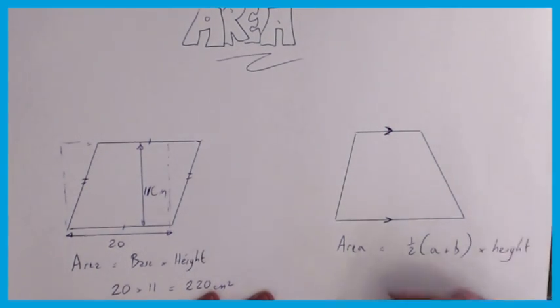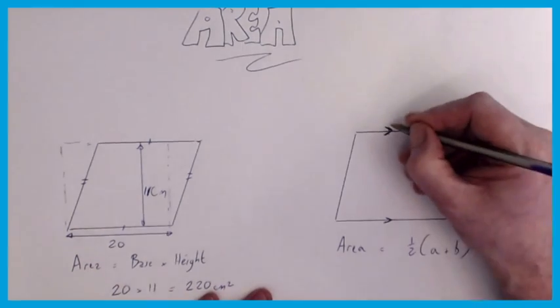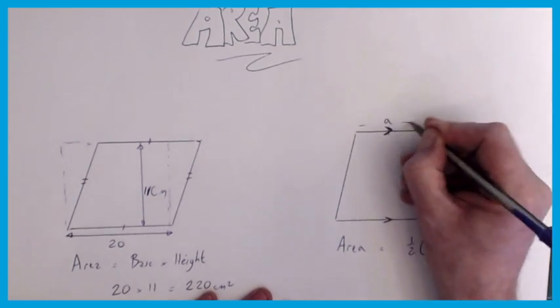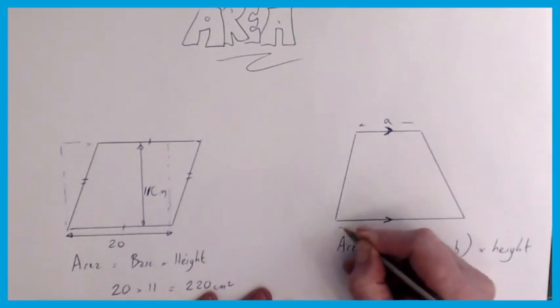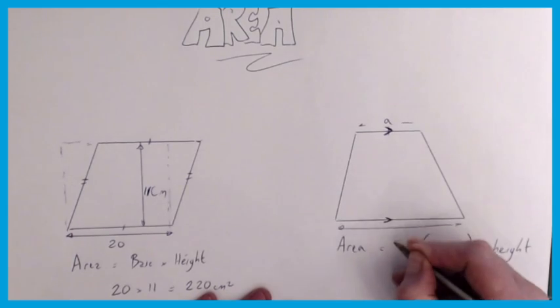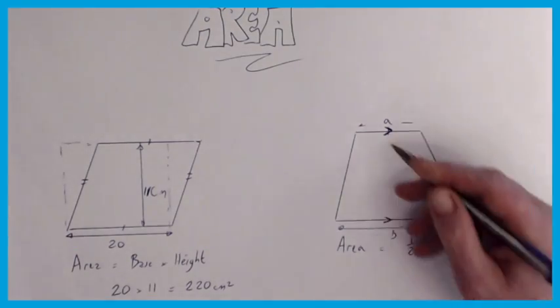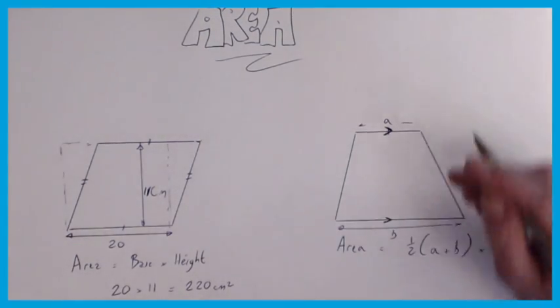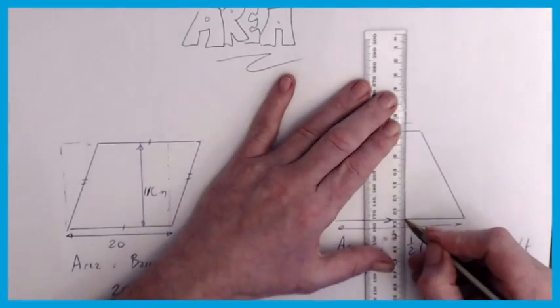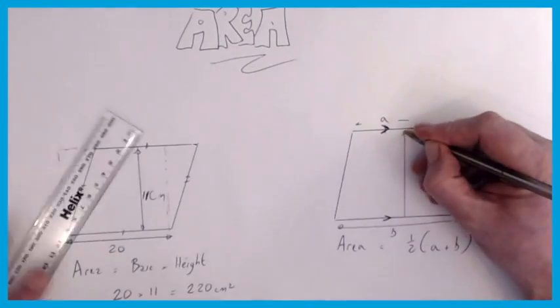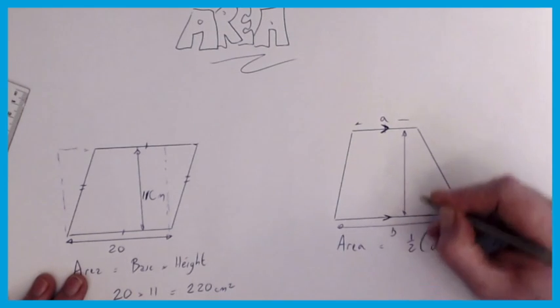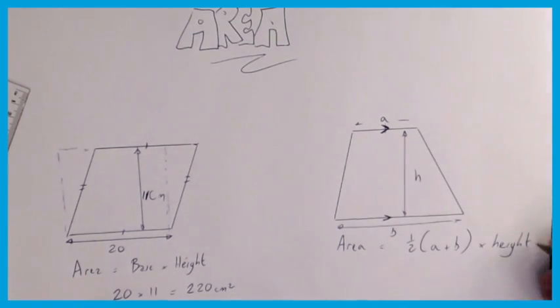It can be written out in different ways, but this works quite well. So A is that distance there, and B is that distance there. A and B, and the height all the way up is the height, or h.